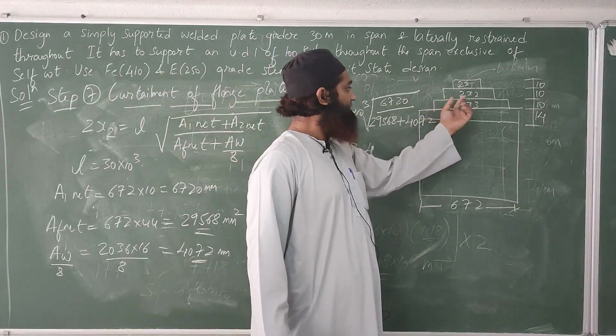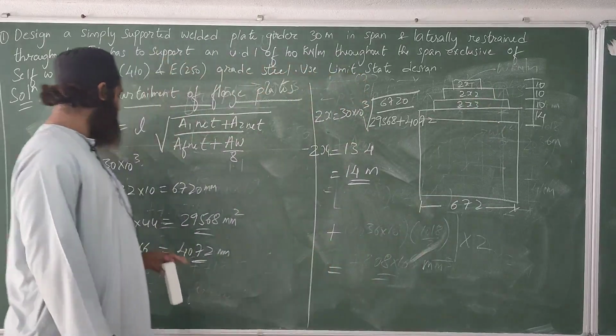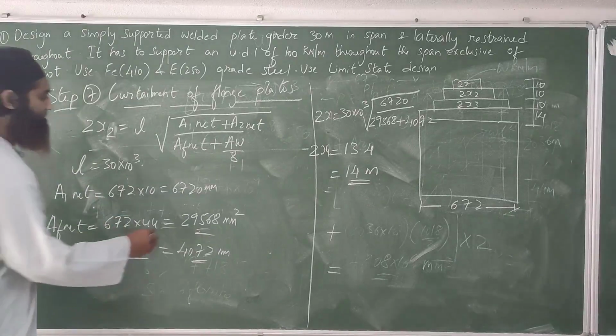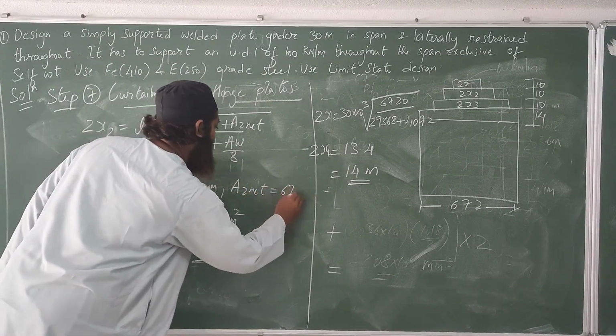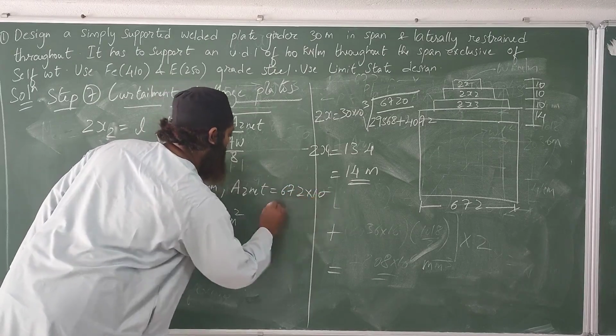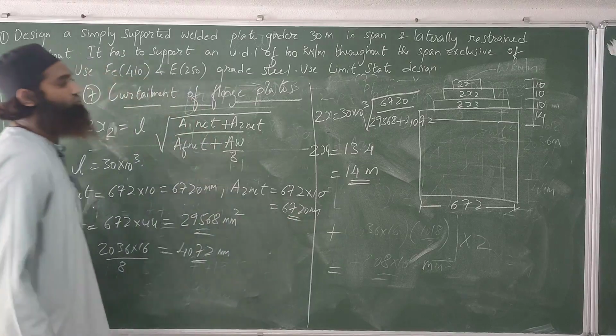We are seeing 2x2, we are seeing what is size of this plate. It is 672 into 10. So A2 net will also be 672 into 10, 6720 mm.